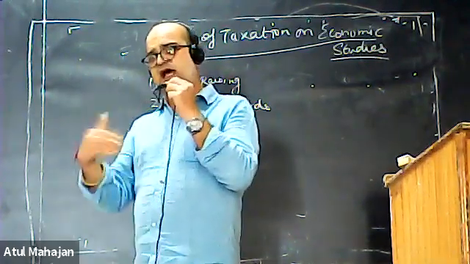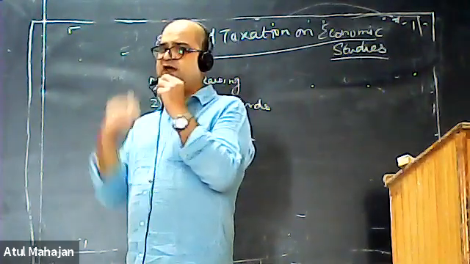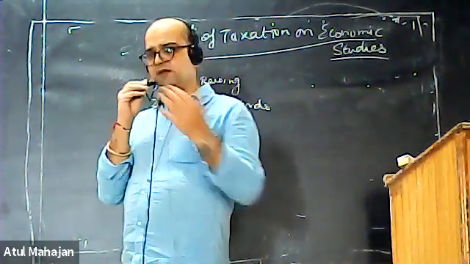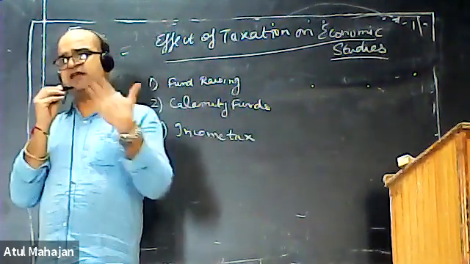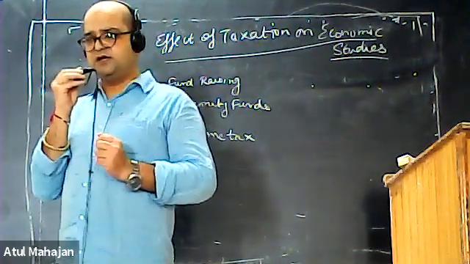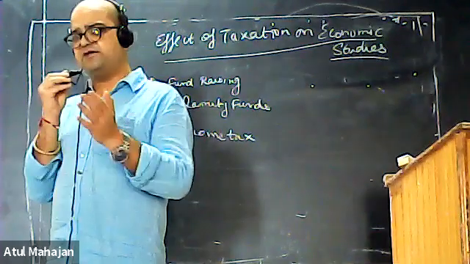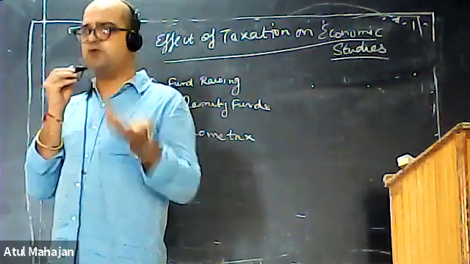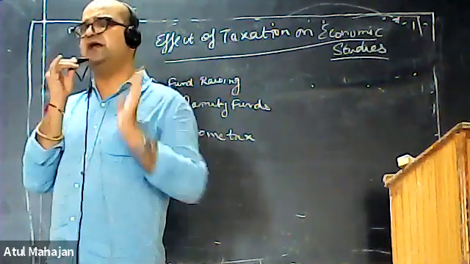Suppose you have an income above 2,50,000 and you are saving 1,50,000 per year. That means 2,50,000 plus 1,50,000, which is near about 4 lakhs. That means up to 4 lakhs you are not entitled to pay any tax.